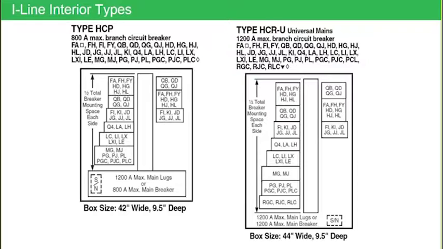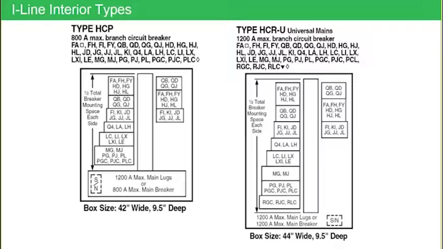And that's why we've always encouraged people, when you're on these two interiors, to specifically talk about a wide side versus a narrow side. The one thing I want to point out on the HCR-U is notice that in the verbiage at the top, it says universal mains. And the reason that it says universal mains is notice in that illustration, there is no horizontal rectangle at the bottom of the illustration like we've seen in the other three panel boards.